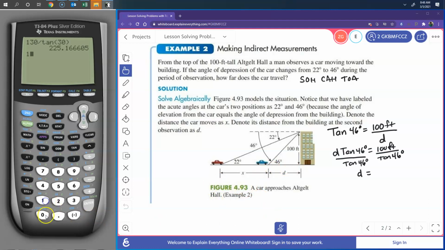So we're going to go ahead and write 100 divided by the tangent of 46 degrees. And so that distance will be 97. I'm going to round it off to the nearest foot. So this is 97 feet.